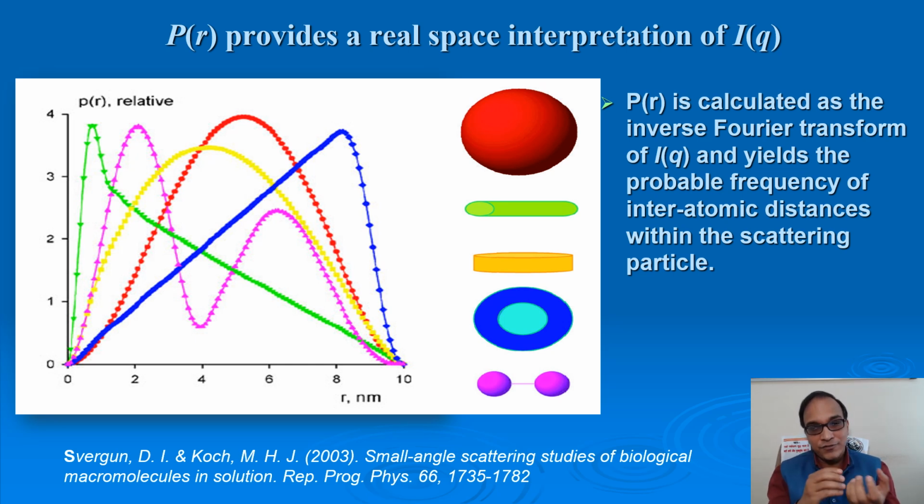If you see the red curve, it means it is spherical, and if it is green, it is disc shaped. So depending upon the size, the scattering is there. On the basis of scattering, we can interpret the shape, and even the size of that composite can be precisely determined.